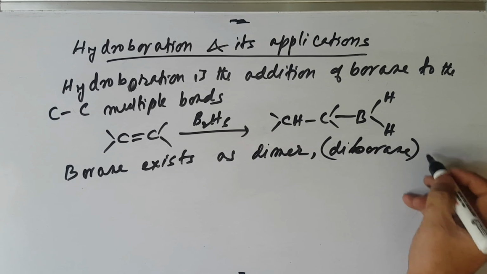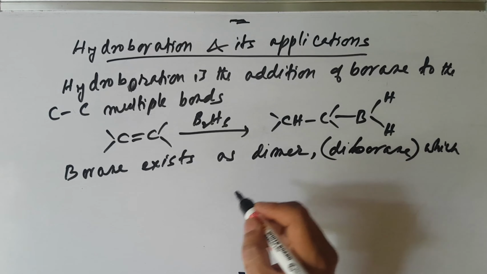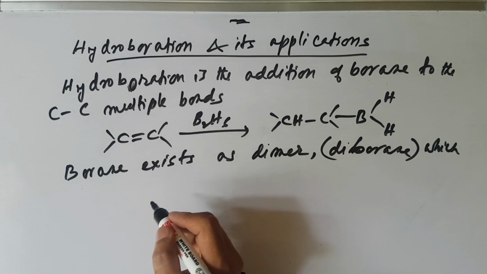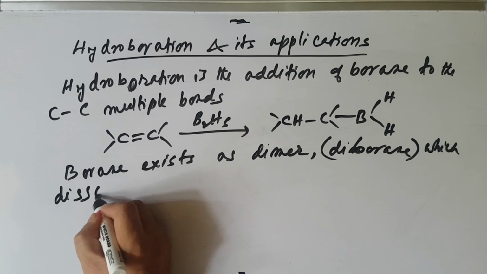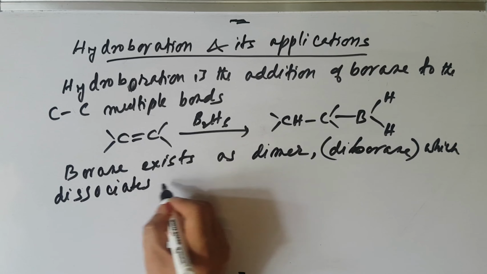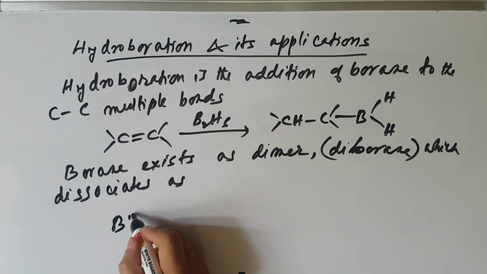Diborane can be easily dissociated. Okay, you can write the structure of boron like this.